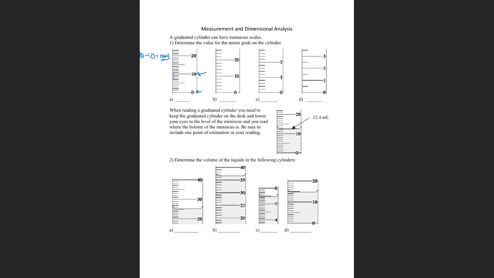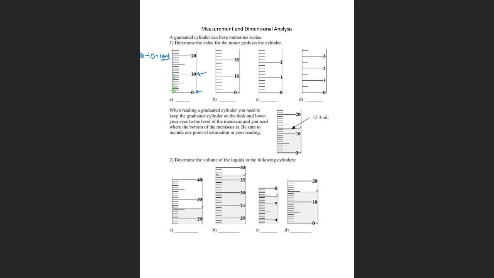So I'll go here and count, and let me use a different color. I will use green. I'm counting the little spaces in here. I have 1, 2, 3, 4, 5, 6, 7, 8, 9, 10. So I have 10 milliliters spread equally over 10 spaces, right?